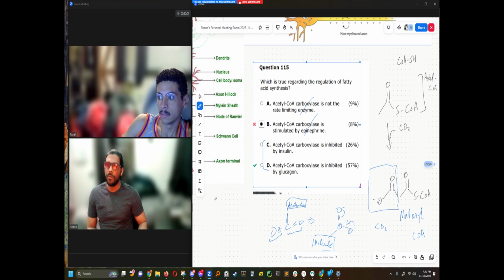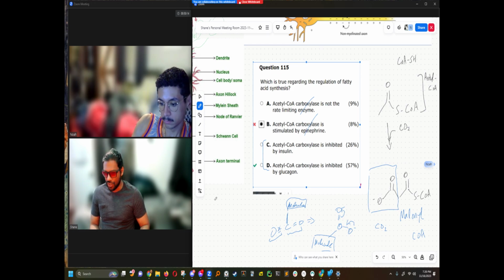Yes. And it says inhibited, right? Okay, let's say that C is true. If C is true, that means that when your blood glucose is too high, it will stop this step of the fatty acid synthesis.